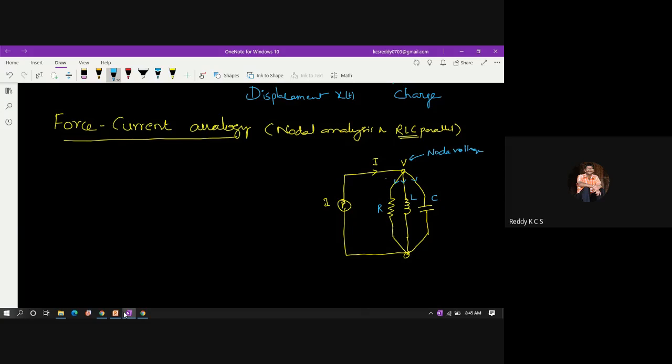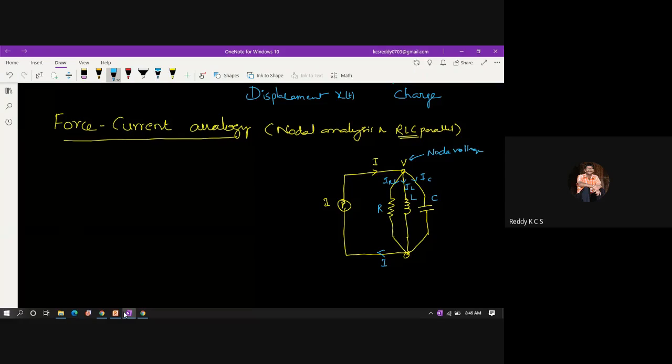So we have IR, the current passing through the resistor, the current passing through the inductor, and the current passing through the capacitor, and at this point the same current I comes out. These three components of the electrical system are connected in parallel, so it is called RLC parallel or nodal analysis.